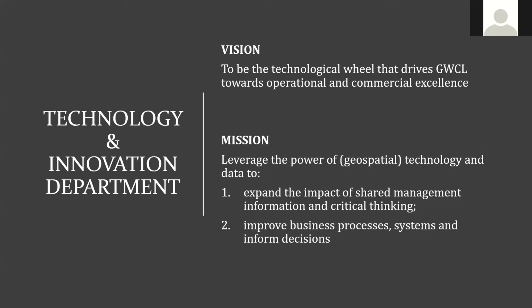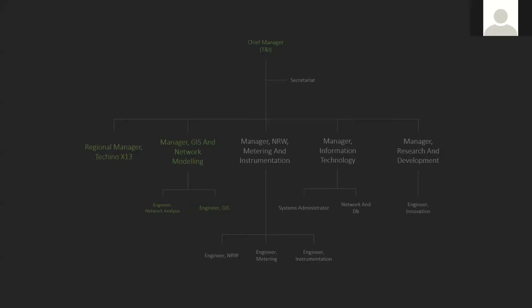We intend to do that by leveraging the power of technology, specifically geospatial technology, to expand and share management information and critical thinking, and also to improve business processes, systems, and inform decisions.